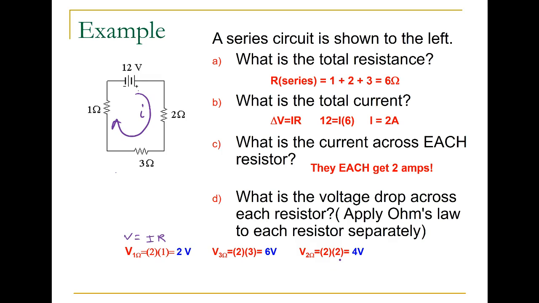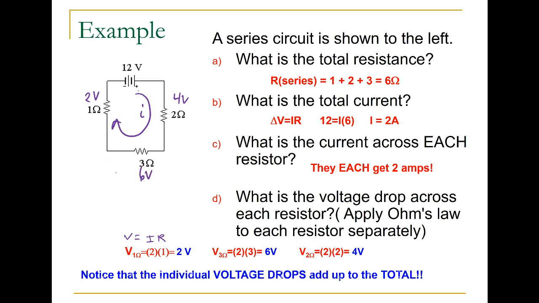So 2 volts, 6 volts, and 4 volts. If we map that on here, I have 4 volts here, 6 volts here, and 2 volts here. Lo and behold, if I go through my entire circuit, I have a total voltage of 12. So in series, the individual voltage drops must add up to the total.